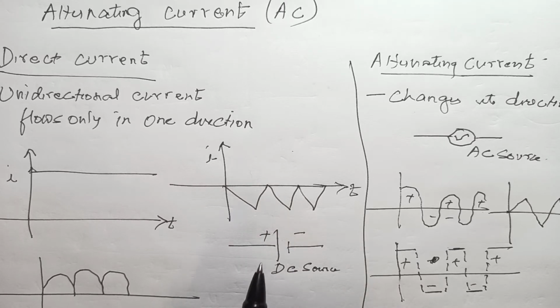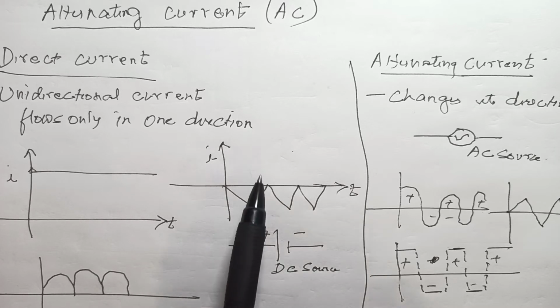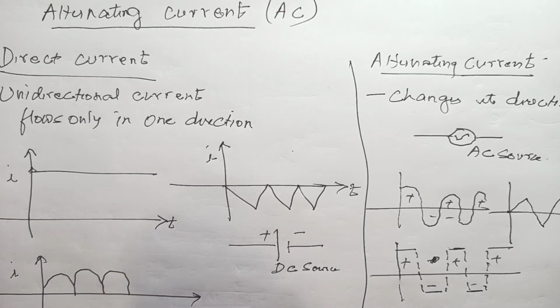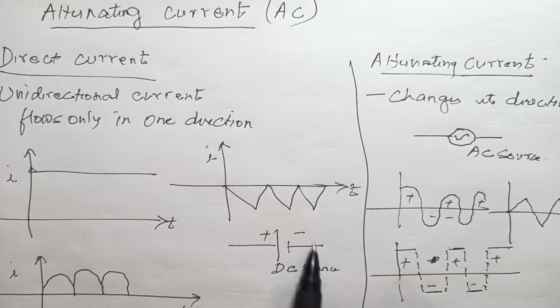Basically just by a glance you can make out it is on one side of the graph. So this is positive, this is negative, so it's negative throughout. Now in this case again the same thing, you see positive here throughout, so it's direct current. Okay, as I said, let me repeat, the battery is denoted by this symbol.